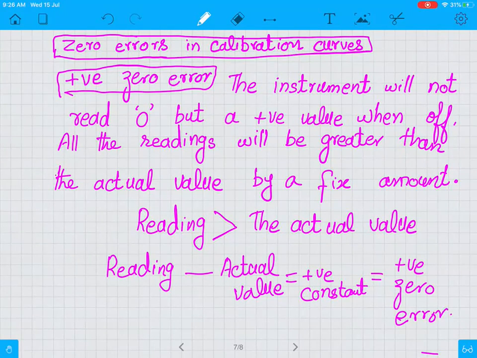So this is all about a positive zero error. A positive zero error is there when first of all the instrument will not read zero, but it will read a positive value when it is made off. It will be on the right hand side of zero. And the other thing is the reading will always be greater than the actual value by a fixed amount. And that fixed amount is called the positive zero error.